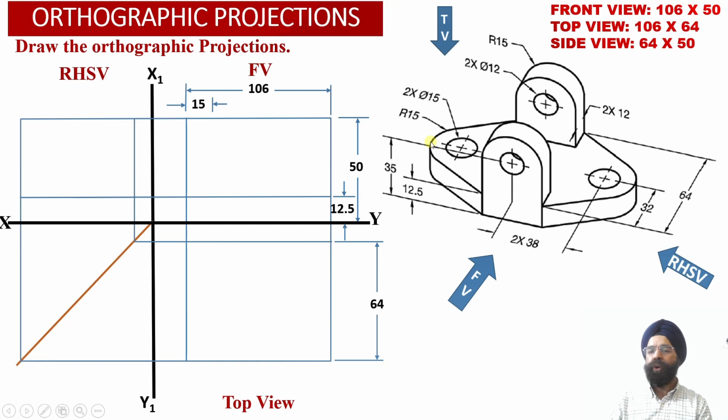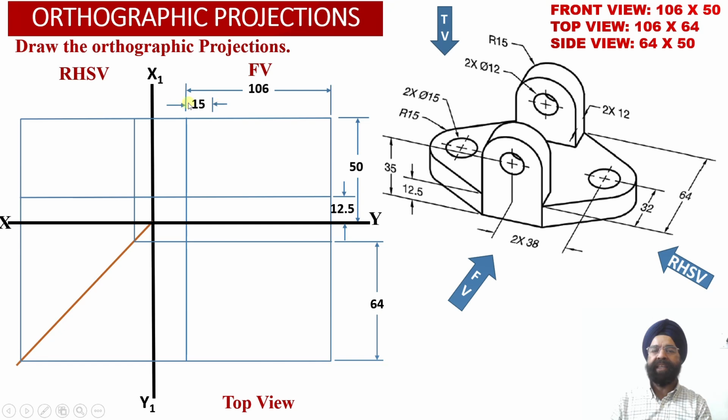So now from the left hand side face of the solid, we are going to mark a distance of 15 millimeter towards right hand side, so that the center point corresponding to the circular portion of the top face of the horizontal web can be obtained onto the left hand side portion of this solid over here.